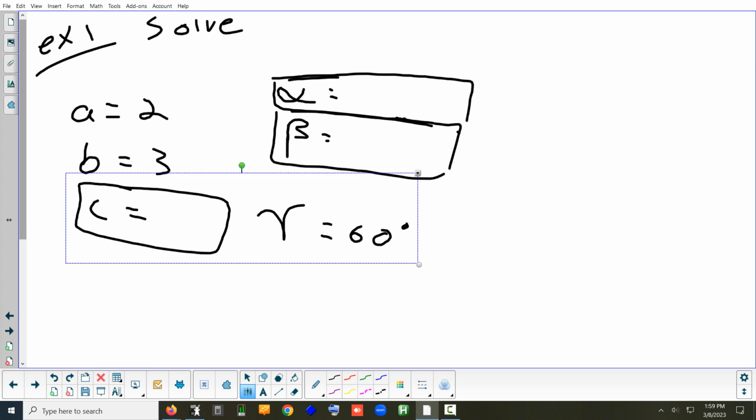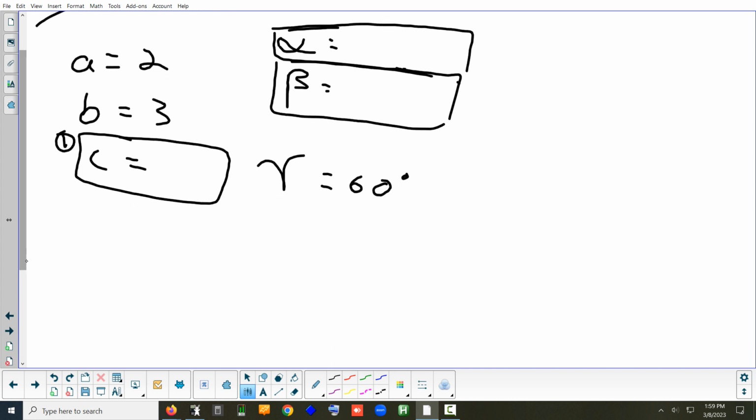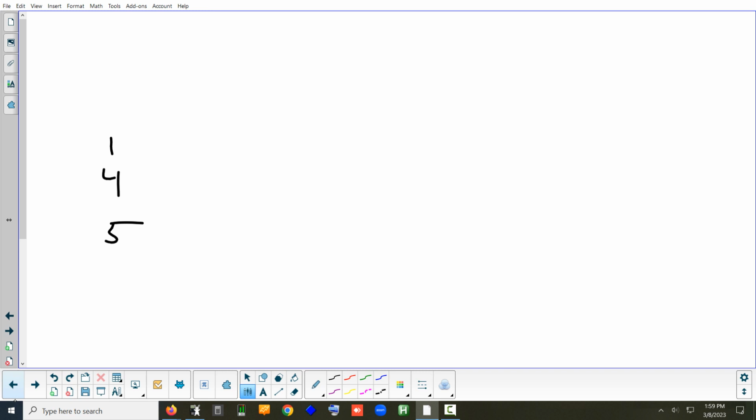Find the side that you're missing. That's the first thing. After that, you can do whatever you want, but you have to find that first. So what I want to do is write down the law of cosines that would allow me to use this piece of information, this one, and gamma. So I have A, I have B, and I have gamma.